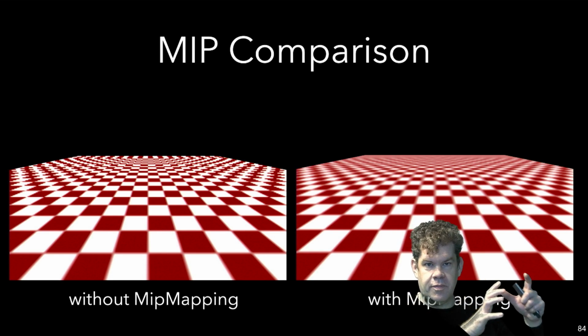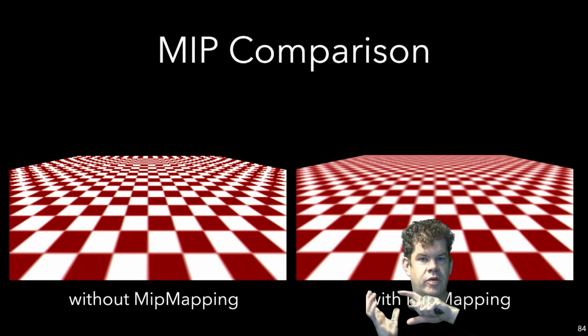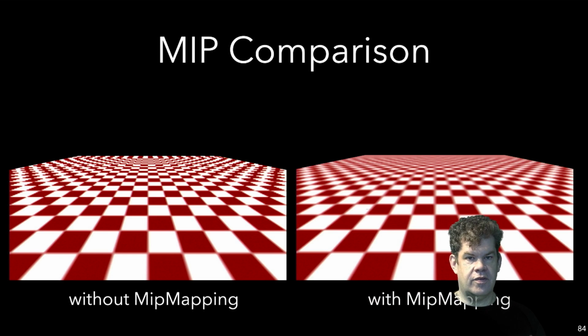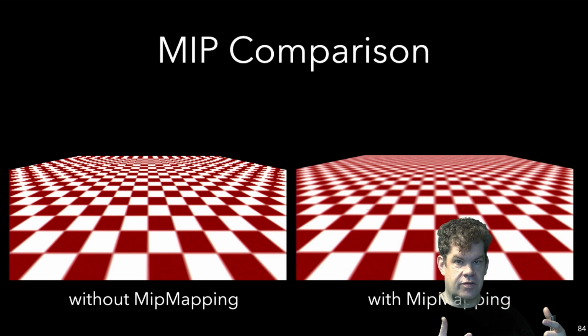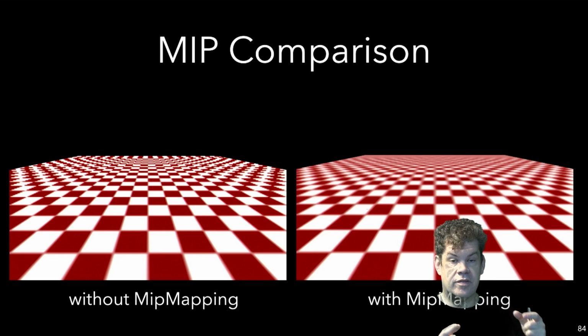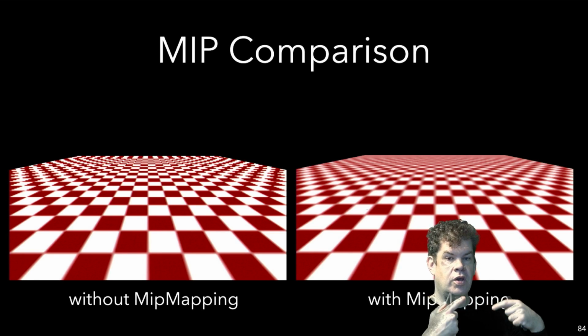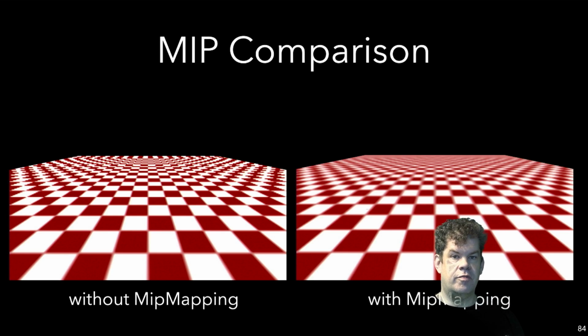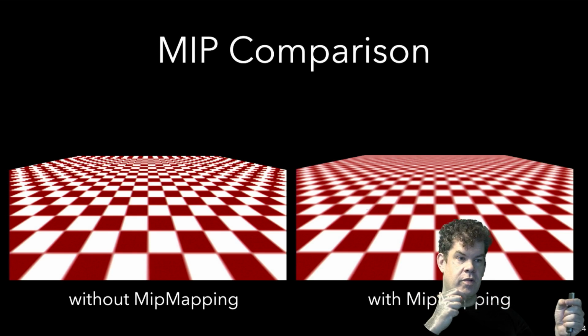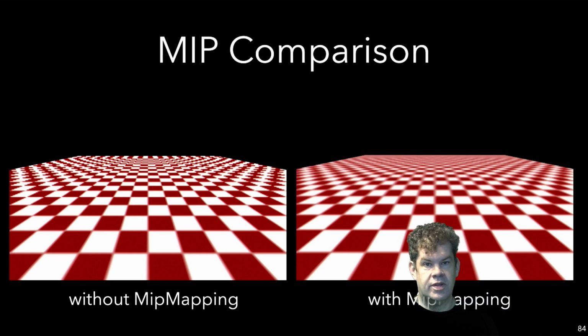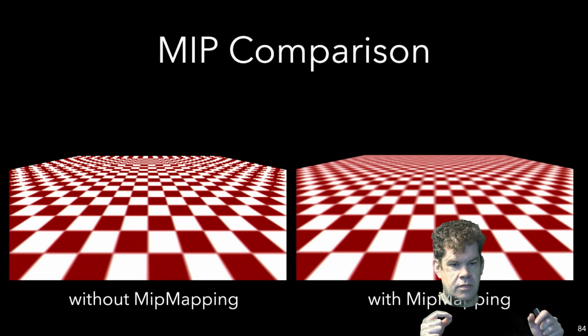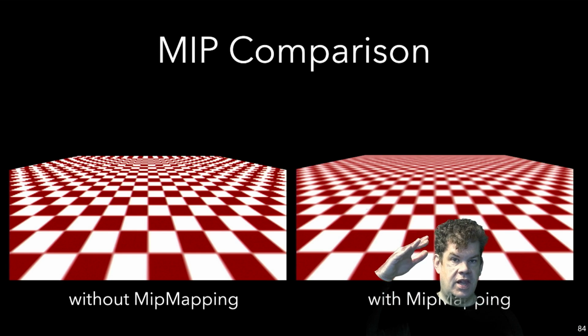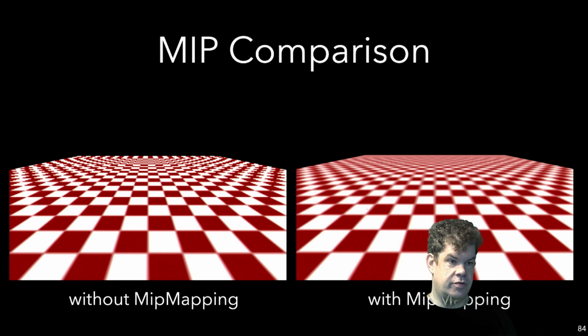Let's say texturing happens in the fragment stage, then we use all of the information that we have so far. We use the perspective correct interpolation to compute the texture coordinates. We look them up in the texture. If we want to use a MIP map, we compare the neighboring fragments' texture coordinates to perform that lookup, and then figure out which MIP level to use, which resolution to use.